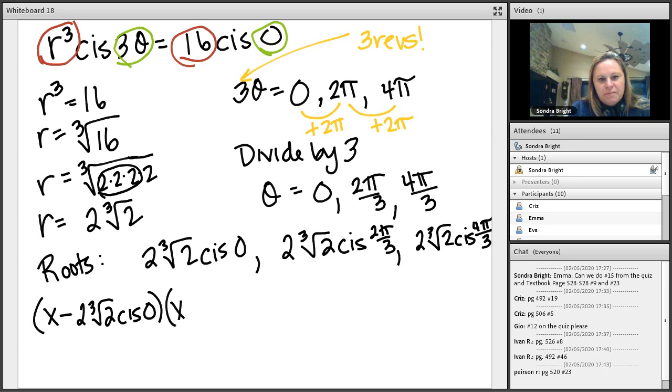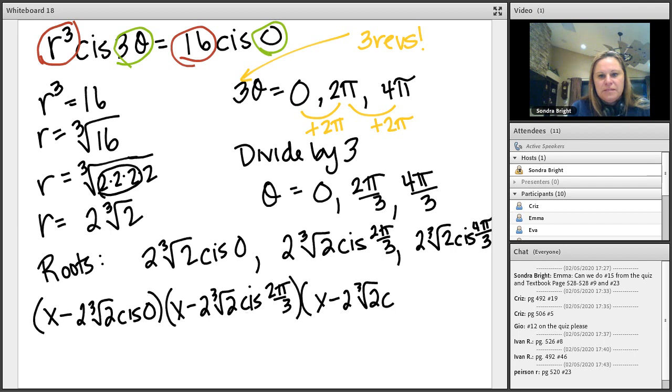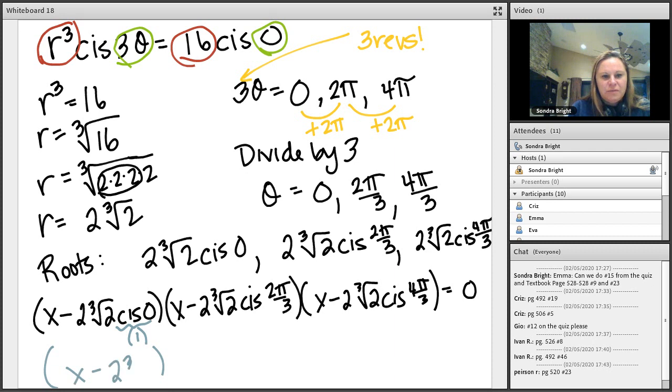Then x minus 2 times the cube root of 2 cis 2 pi over 3, and then x minus 2 times the cube root of 2 cis 4 pi over 3, and set that equal to 0. The back of the book shows the first factor as just x minus 2 times the cube root of 2. I'm not going to write the rest of them because it'll take too long.